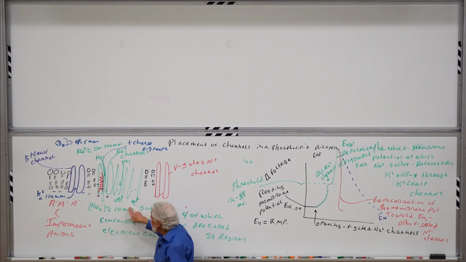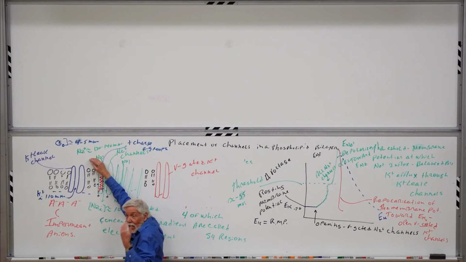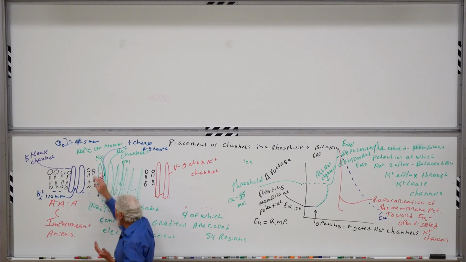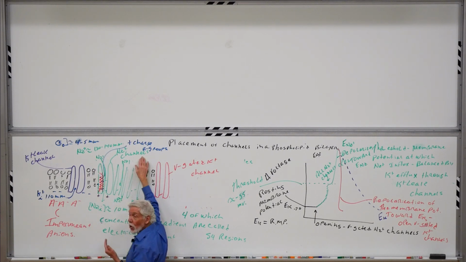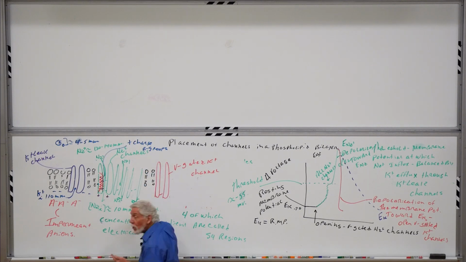Well, there are two pressures driving the sodium in. One is the disparity in charge. It's more negative on the inside than the outside. That's the electrical gradient. But there's effectively another pressure driving the ions in, and that's the random walk of the sodium. But there are so many more sodium ions out here than inside that the pressure is for the sodium to move down its concentration gradient.